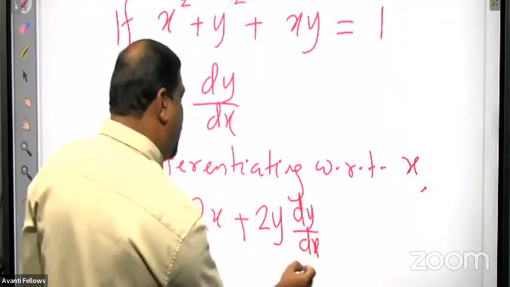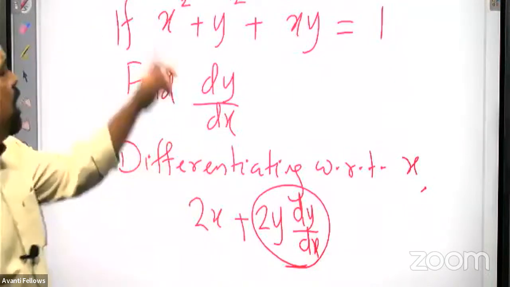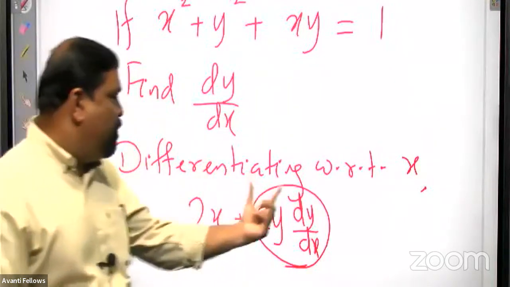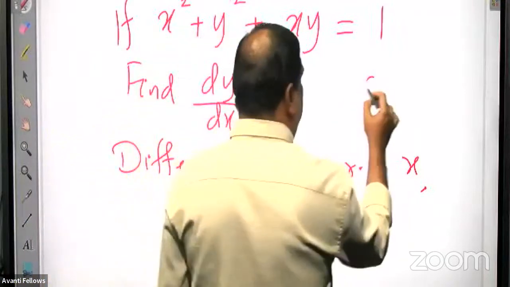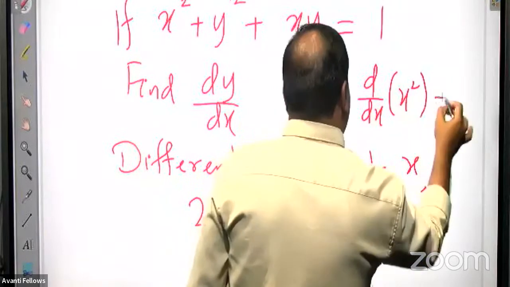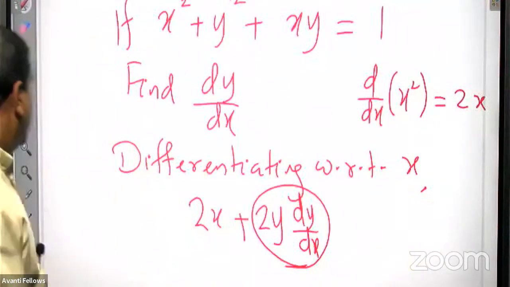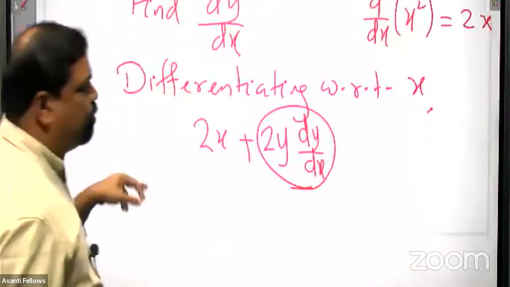In this step, we have to be a little careful. Remember, d by dx of x square is 2x.